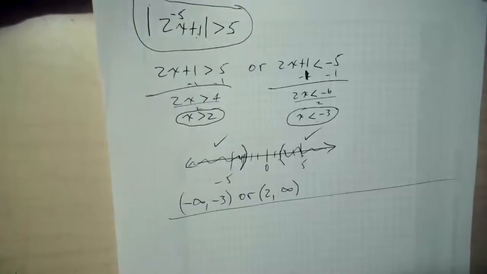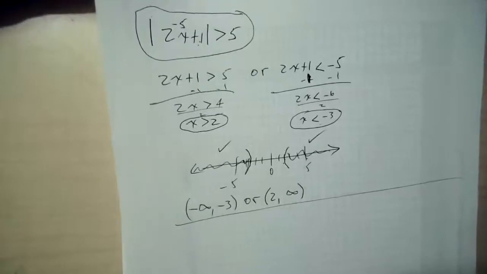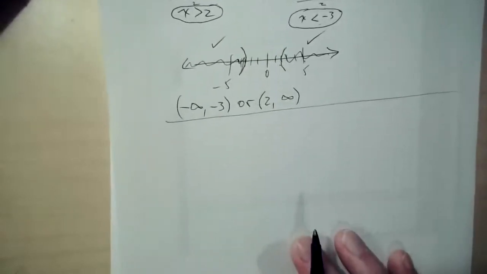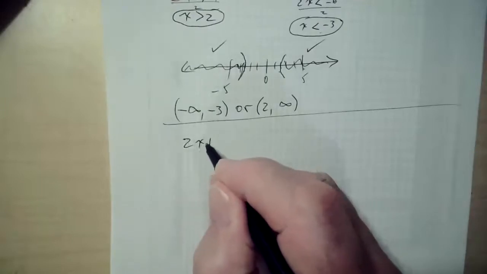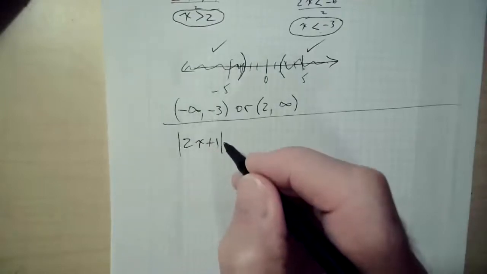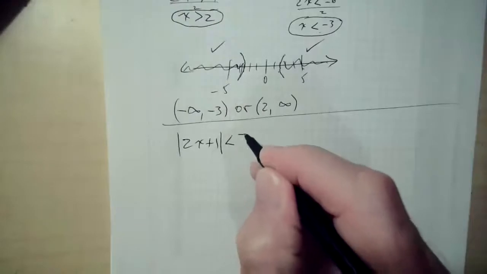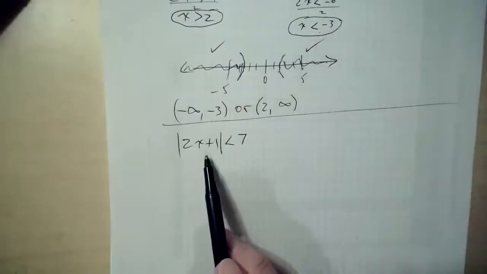Okay, let's see. Let's do this one. 2x plus 1, absolute value less than 7.